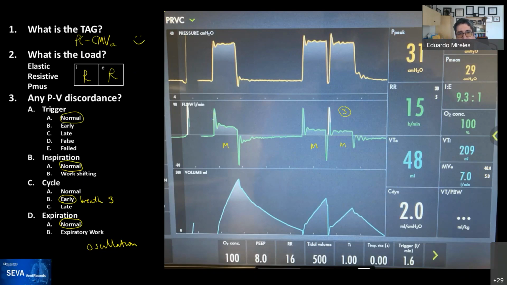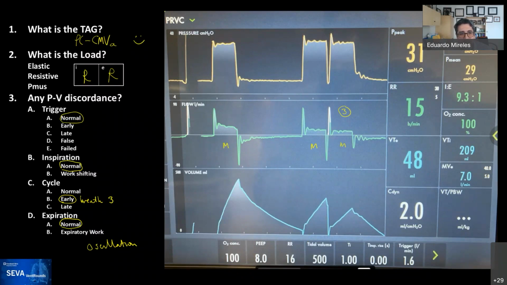this is a really cool waveform in my mind for many reasons, but I'll try to say how I see it. The pressure gets pressurized, and it's going from a PEEP of 8 to achieve a tidal volume of 500, and the pressure that it's requiring to achieve that on this ventilator is probably close to 30 millimeters of mercury, of water, sorry, or even more than that.